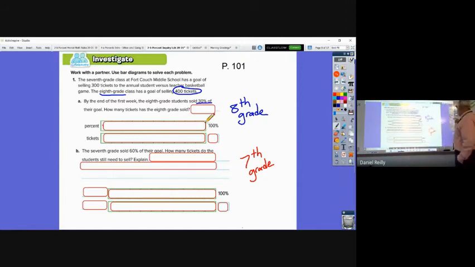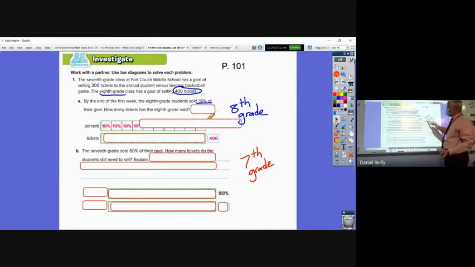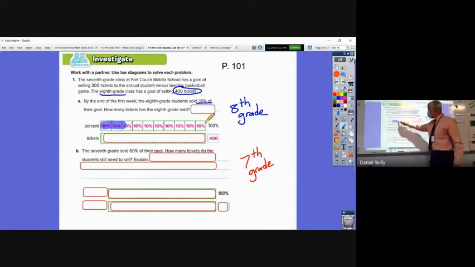Okay, so the total is equal to 100% always. So the bar of tickets, the entire thing is the same as 100%, so that's 400. Since this is 30%, we're going to split this into 10 equal pieces. Because 30% is going to be 3 of these.